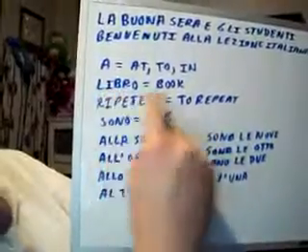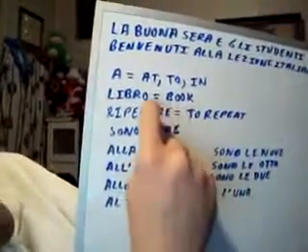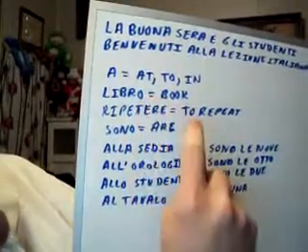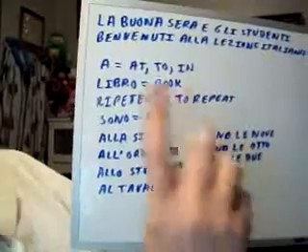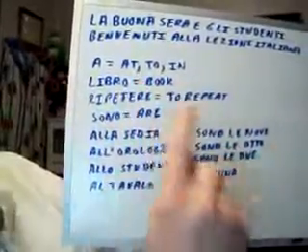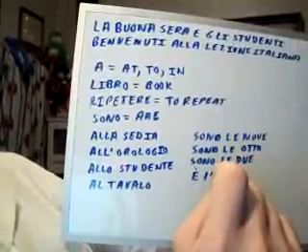Now we have libro, which means book. It is a masculine noun. You can tell by that O right there. Ripetere is the Italian verb. This is a verb here. Okay, Italian has three conjugations.